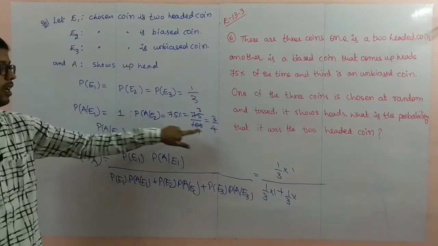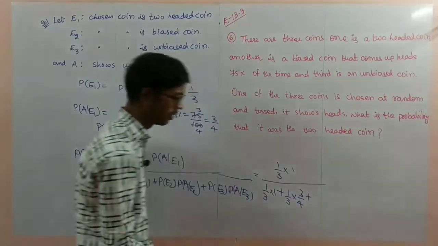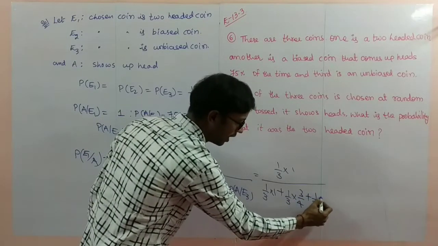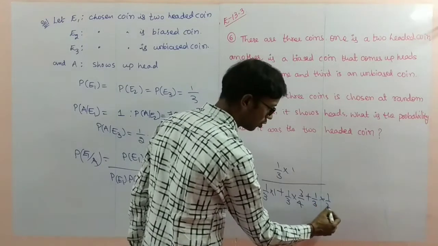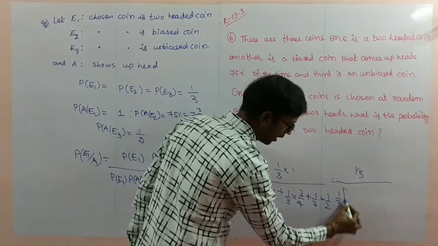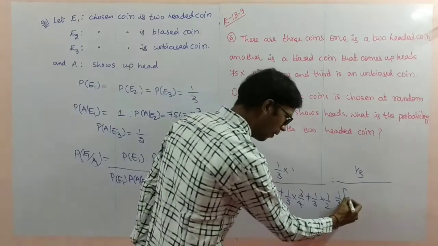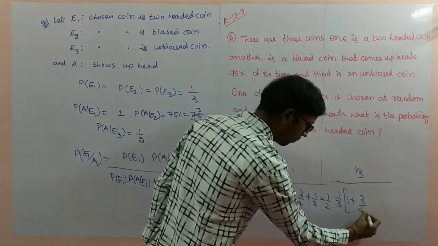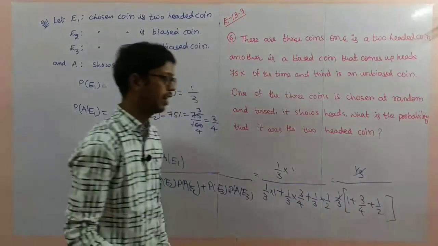It is 3 by 4, plus P of E3, 1 by 3 into 1 by 2. Taking 1 by 3 common from the denominator, what remains is 1 plus 3 by 4 plus 1 by 2. Here 1 by 3 gets cancelled.